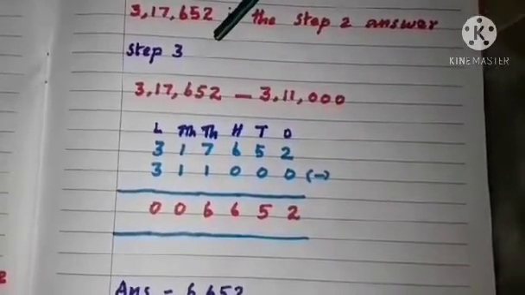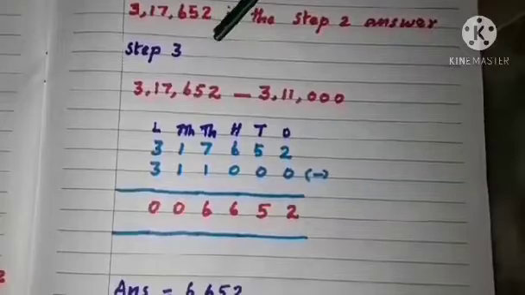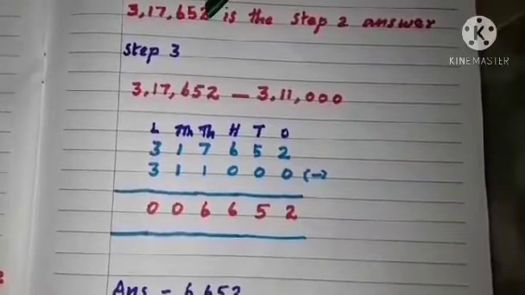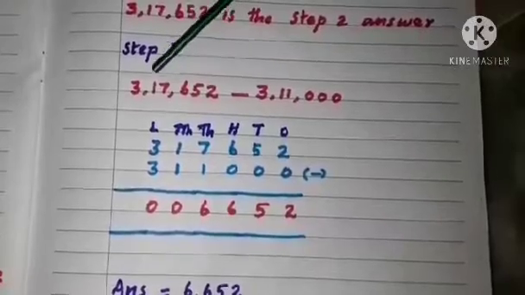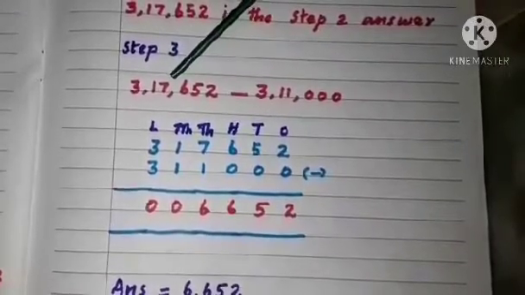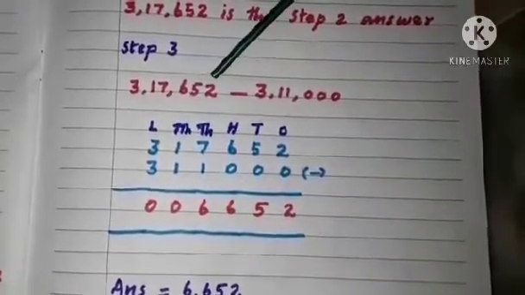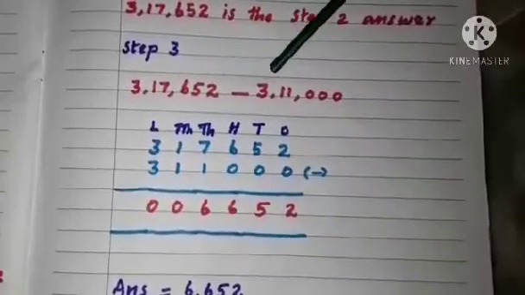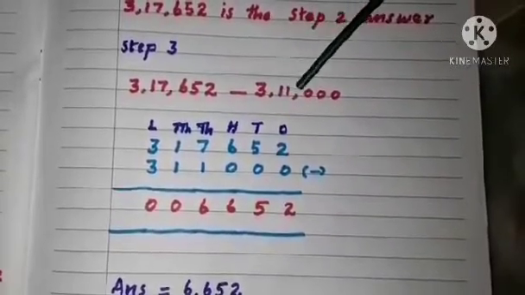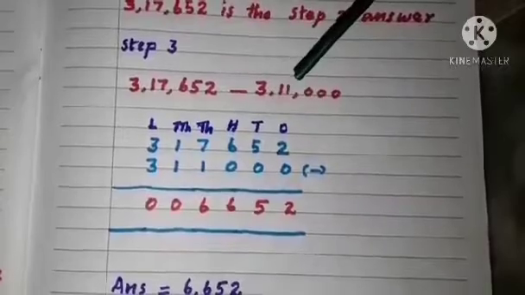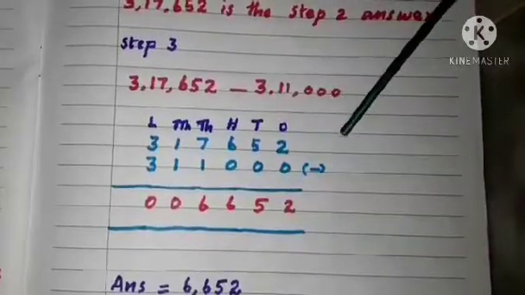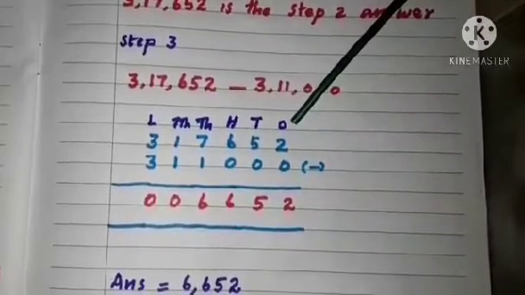What should we do next? We have to subtract the difference from the sum. That is 3 lakh 17,652 minus 3 lakh 11,000. Now we have to subtract. We have to start from ones place.